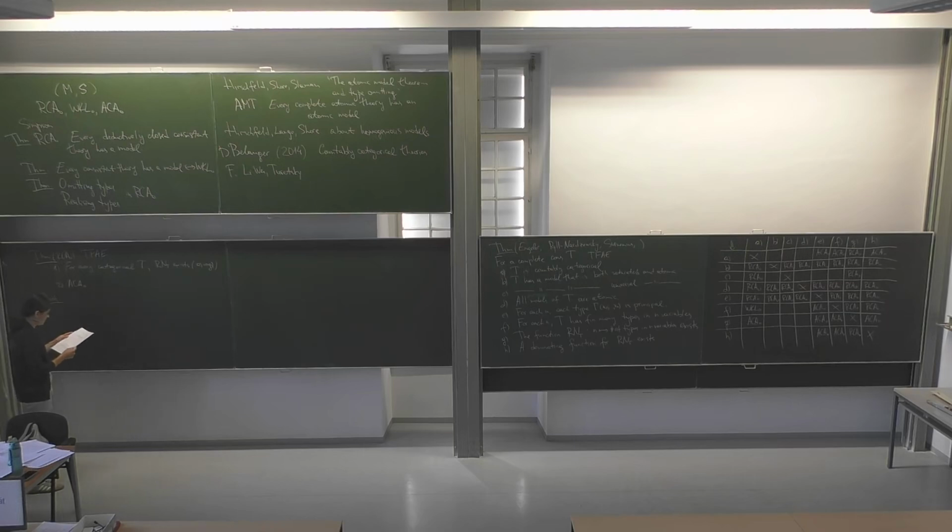This is how we do this. Okay, suppose this holds, so for every categorical theory there exists a Ryll-Nardzewski function.